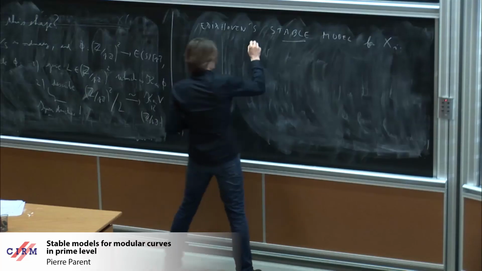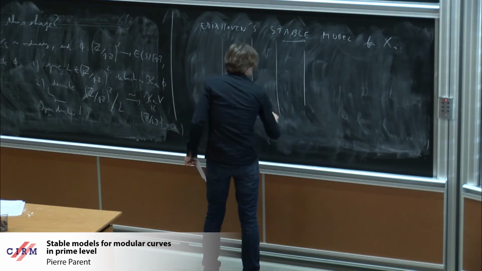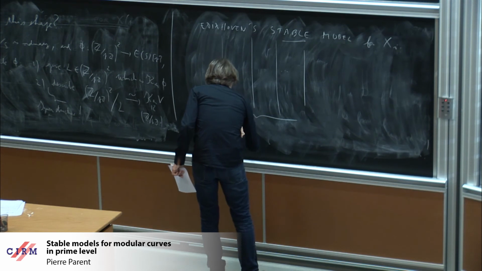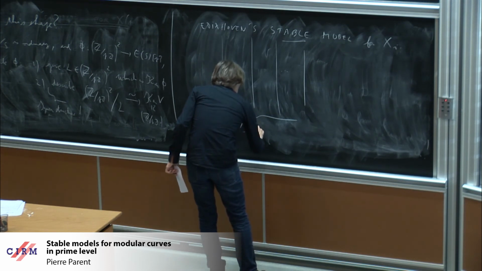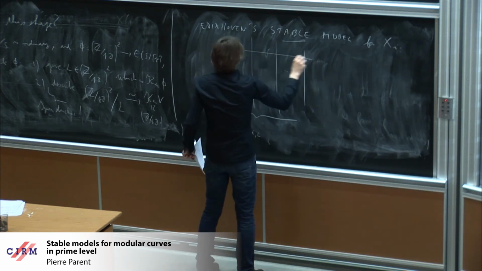And so the model is just something of this shape. Here you have the Igusa vertical components, which are there, but they are pulled apart.